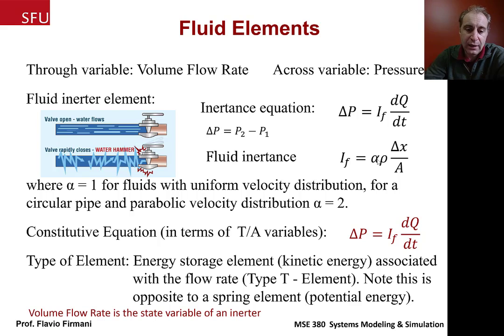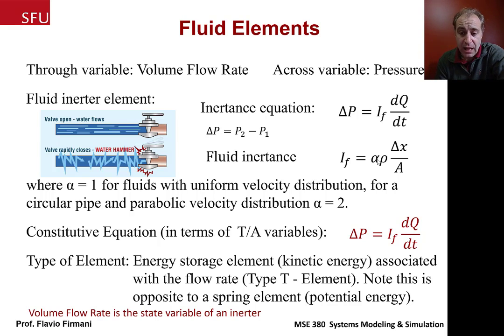Alpha is equal to 1 when the fluid has a uniform velocity distribution, so it just flows. But if we have a circular pipe, then there is going to be a profile of velocity which is going to be parabolic, so there is going to be friction on the walls of the pipe, so there is going to be greater velocity in the middle than near the border with the pipe.